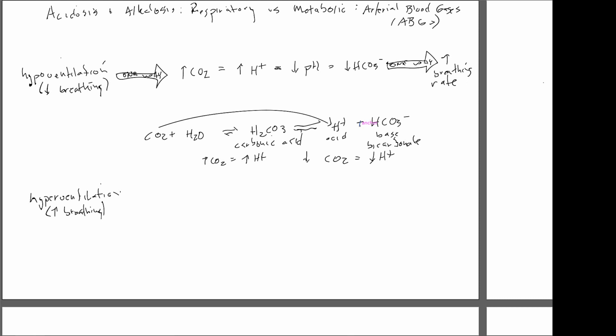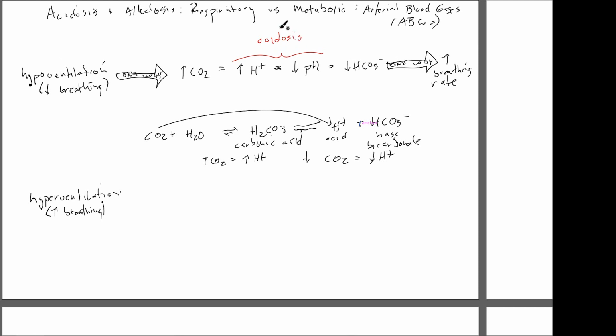Now I'm going to switch to one color of red. I like acid as red because that's what it is on the litmus paper. So these together mean acidosis. And leave a little space below this. This is going to cause acidosis.